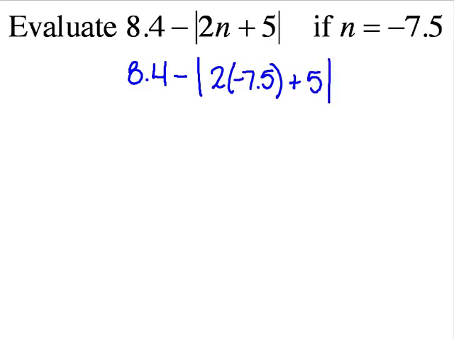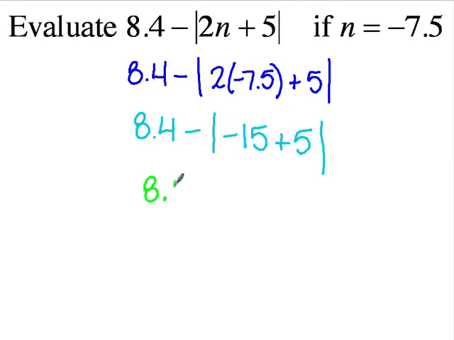All right, so you still have your 8.4 minus the absolute value of -15 plus 5. Oh, -10. Yeah, and so then what ends up happening is you have 8.4 minus 10. So your answer is -1.6.